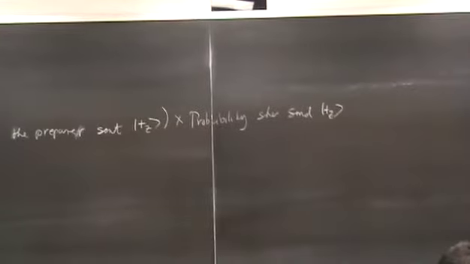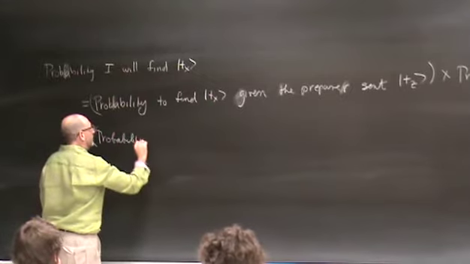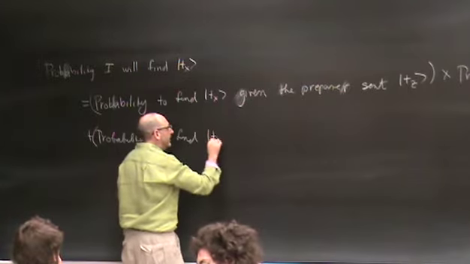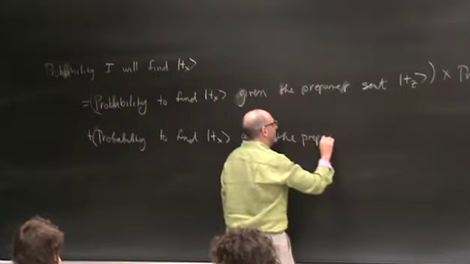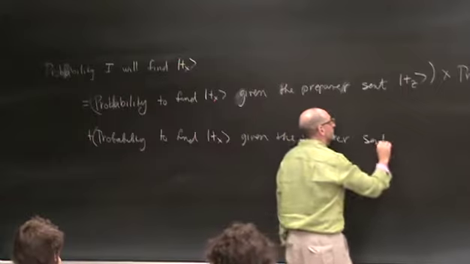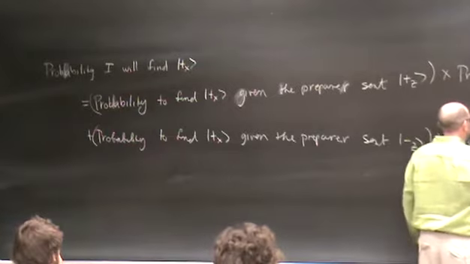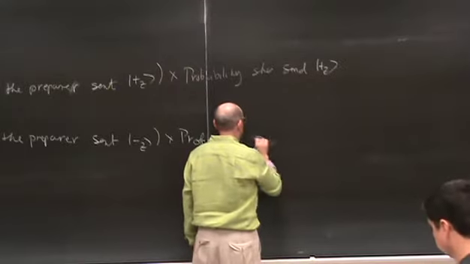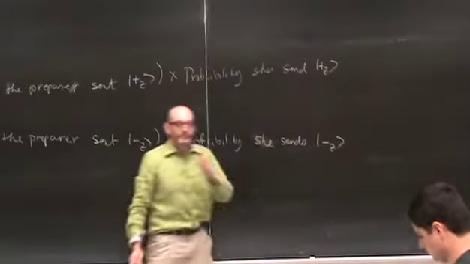Or she might have sent me spin down, right? And if she sends me spin down, then there's a probability of finding spin up along X, given that she actually prepared spin down along Z. And I have to weight that by the probability she actually sent me that. Is that clear?